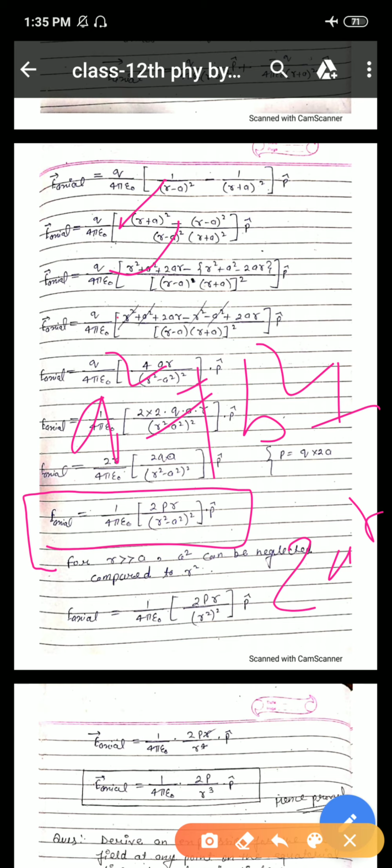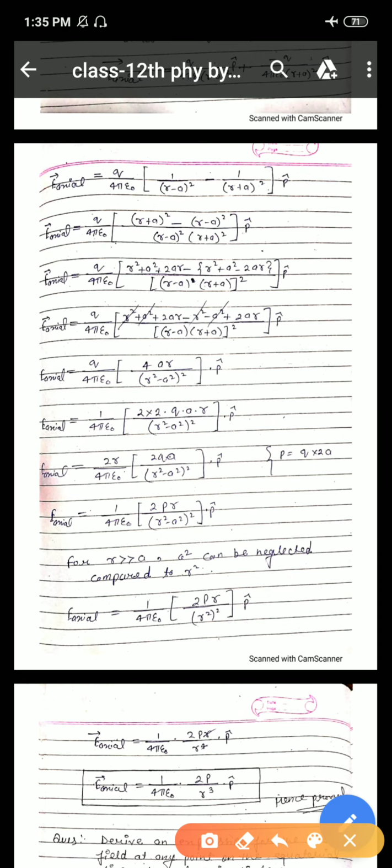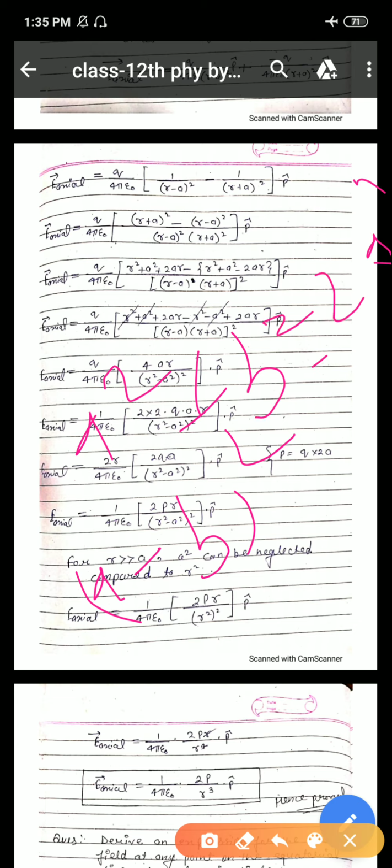So we can write r square plus a square plus 2ar, and the minus sign is as it is. Now in this bracket, the whole square of r minus a, so we can write r square plus a square minus 2ar. Is it clear? Because the formula of a minus b whole square equals a square plus b square minus 2ab.